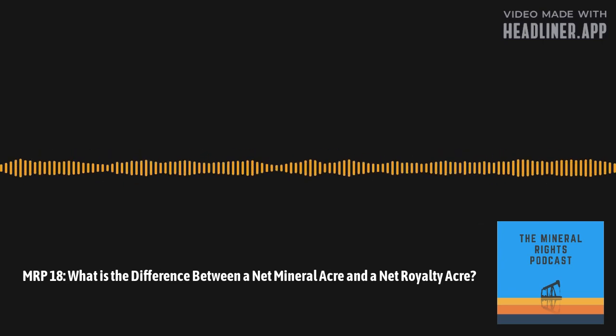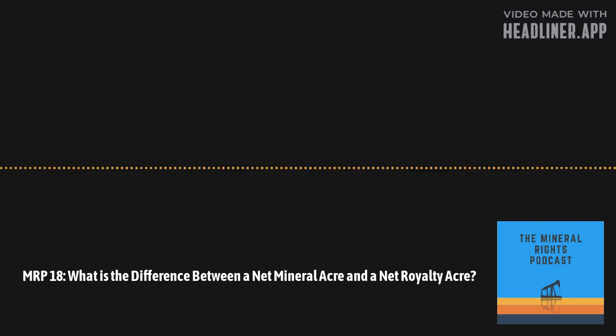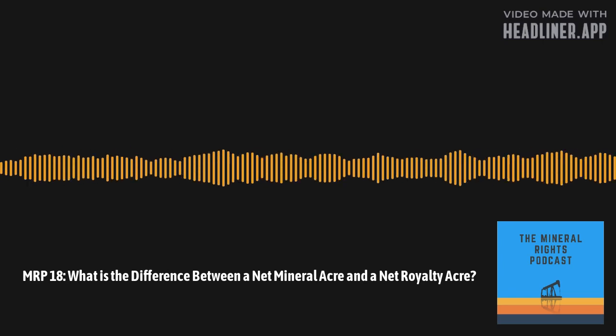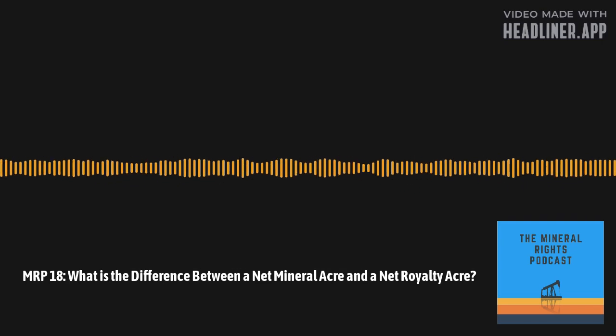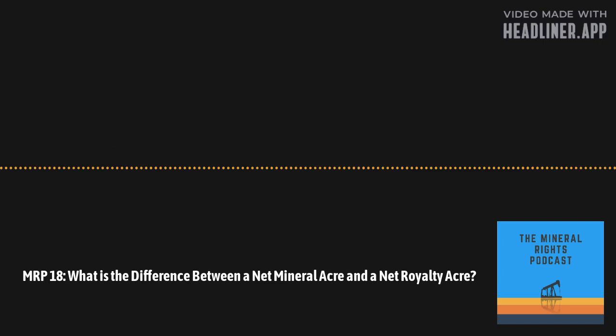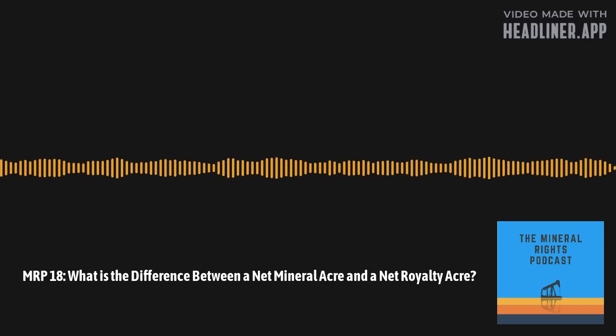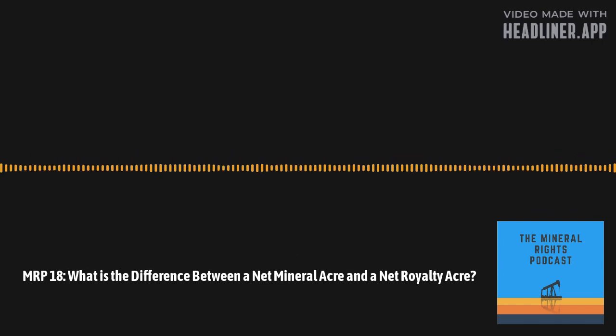And the way to calculate it is, let's say a quarter section, which is 160 acres, you want to multiply your gross acreage by the fractional interest in the minerals you own in that tract. So let's say, again, if you own minerals in the northeast quarter of a section, that's 640 acres.